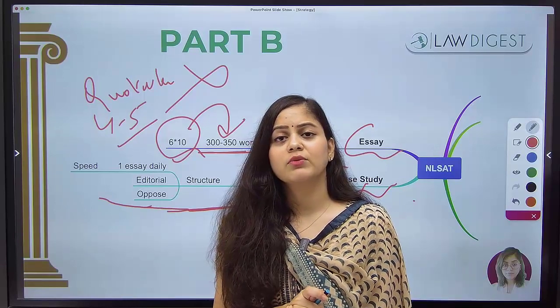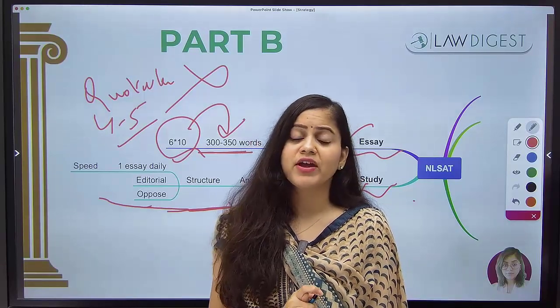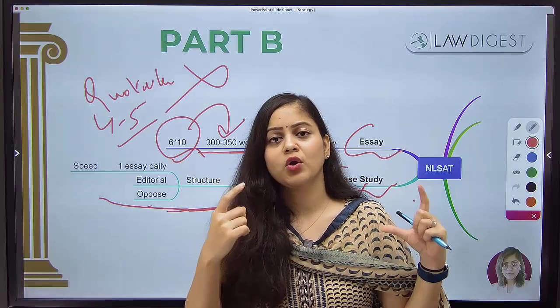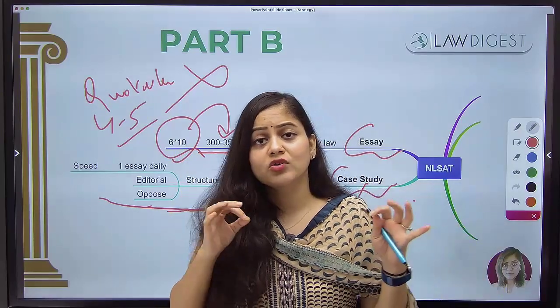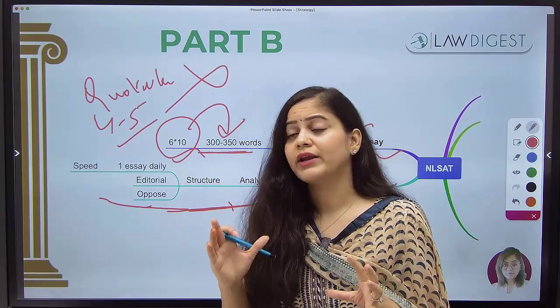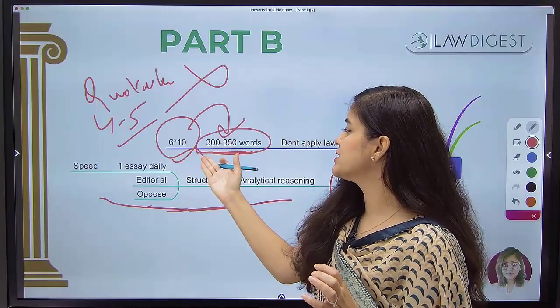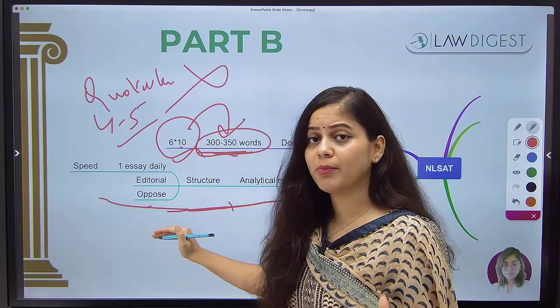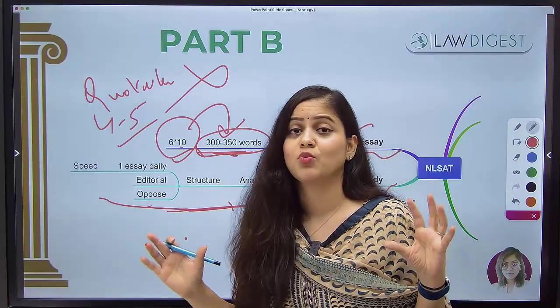And further, I would say that time is a very important factor for part B, because what happens is that students spend a lot of time elsewhere and they're not able to write down, because यहाँ पे आपको काफी you'll have to write down. यहाँ पे 300-350 words लिखे हैं, वो भी for 6 questions, so approximately 2000 words, and यहाँ पे 500 words आपको लिखने हैं.